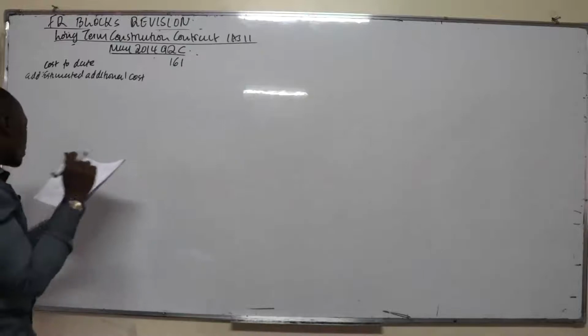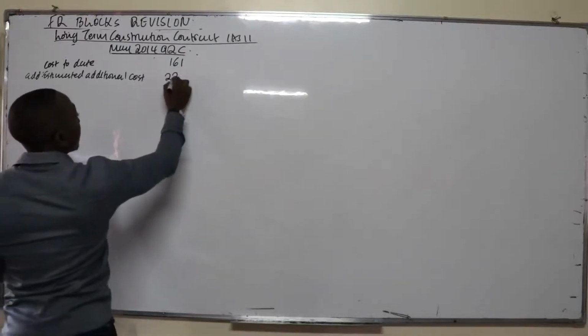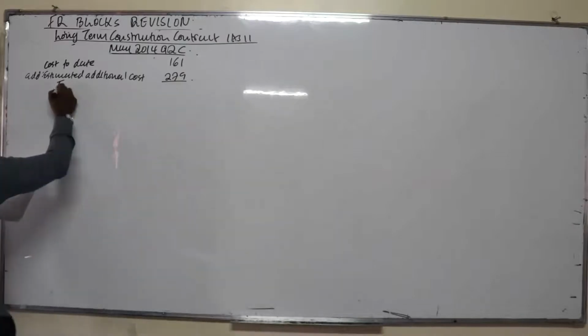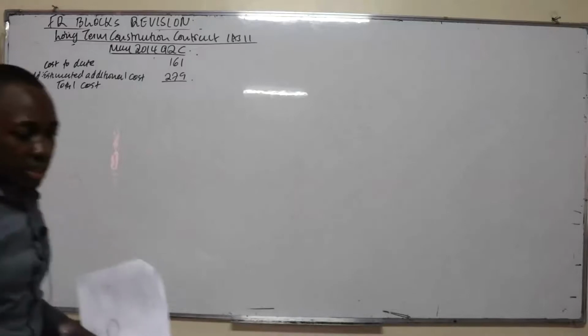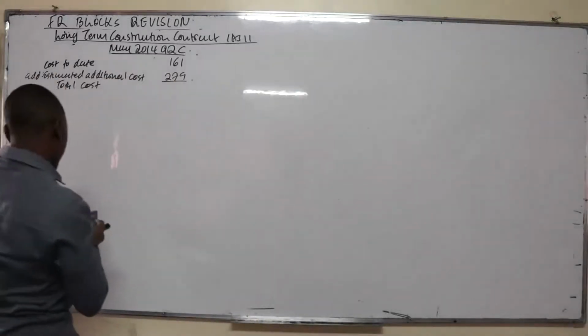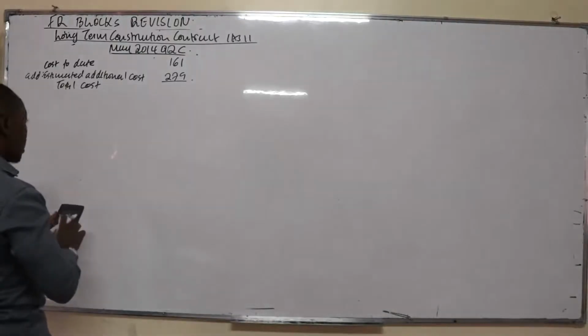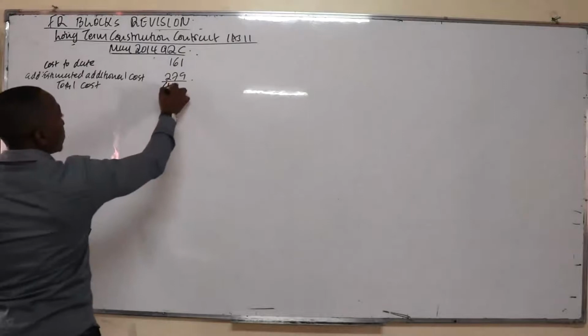For you to complete the project, you expect to spend an additional 279. So how much is the expected total cost? In that case, our total cost will be 161. You add 279, and you have 440.